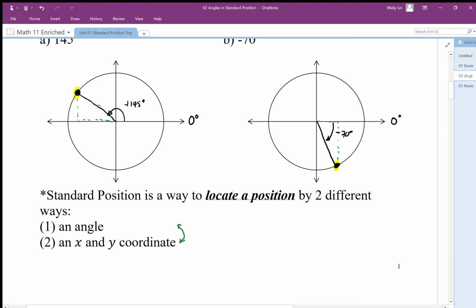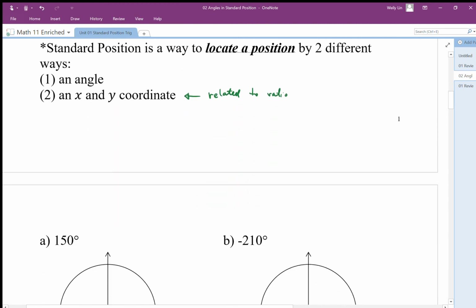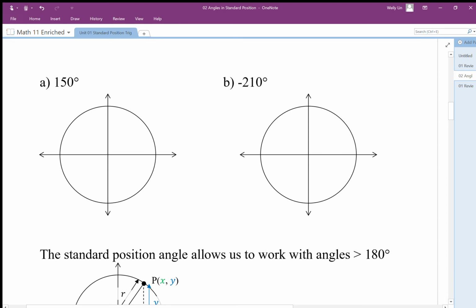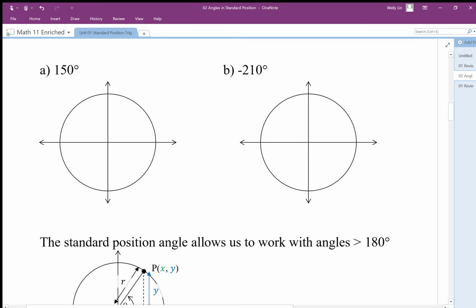So the x and y coordinate is related to ratio. When we define these positions, we're going to define them in the xy space, and the x and y coordinates are going to locate that position.